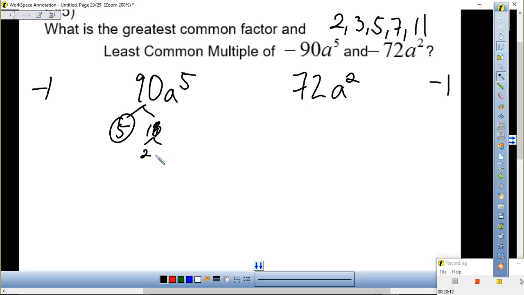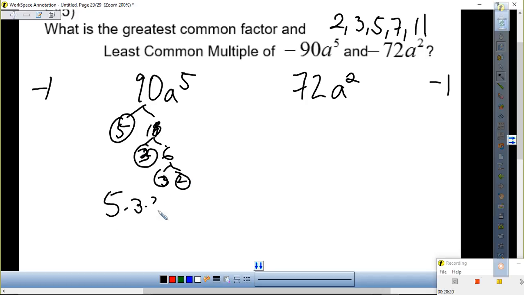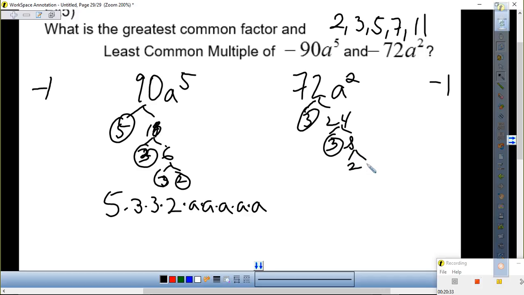And this is 3 times 6, and 3 times 2. So this is 5 times 3 times 3 times 2, times A times A times A times A times A. This one was 3 times 24, 3 times 8, 2 times 4, 2 times 2, 3 times 3 times 2 times 2 times 2, A and A.